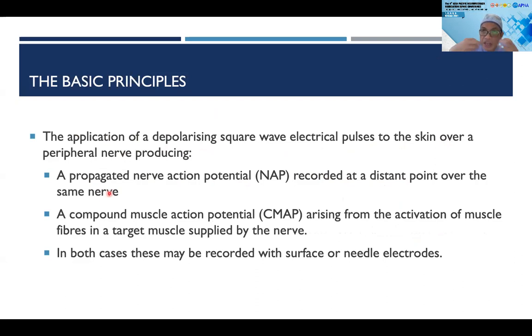So, if we give a stimulus, there will be a compound muscle action potential arising from the activation of the muscle fibers in a target muscle supplied by the nerve. In both cases, they may be recorded with surface or needle electrodes. In the clinical setting, we commonly use surface electrodes, and we use a needle in some particular cases.